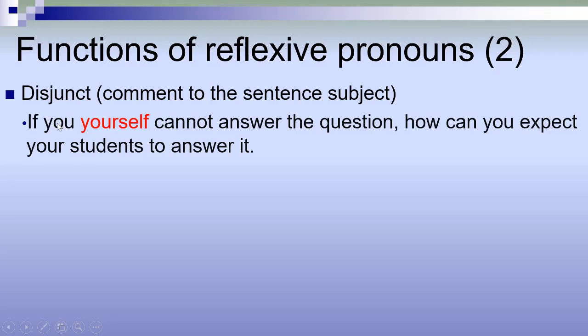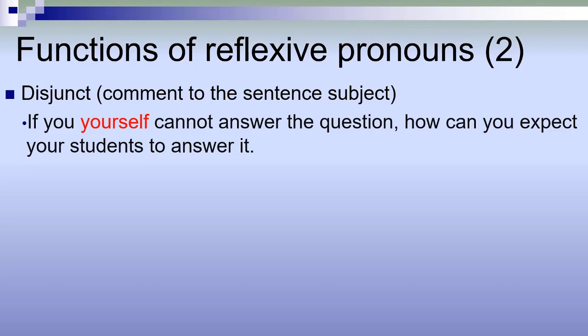You yourself cannot answer the question. Can you ask a question and the answer is yourself? Mary cannot answer the question. Mary herself cannot answer the question. How can Mary answer the question?